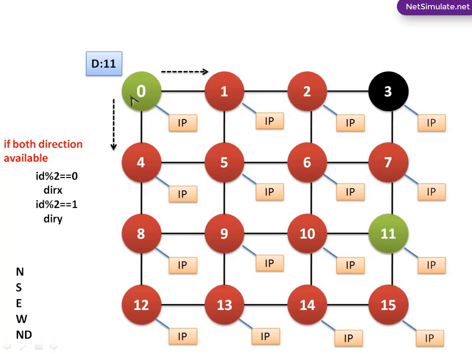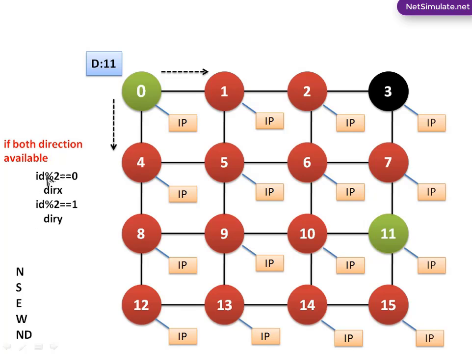Now which of these will be selected depends on this code: ID mod 2. If the ID of this node mod 2 equals 0, then the x direction will be opted, otherwise the y direction will be opted.